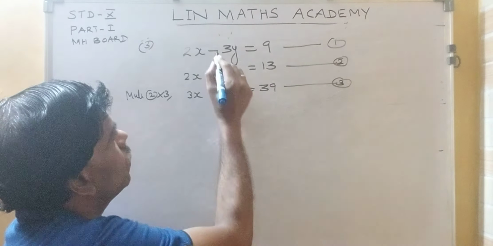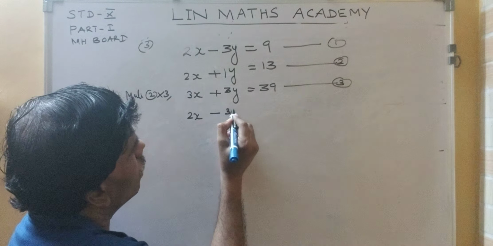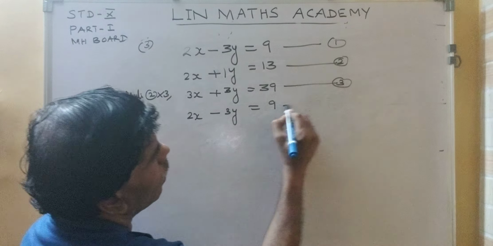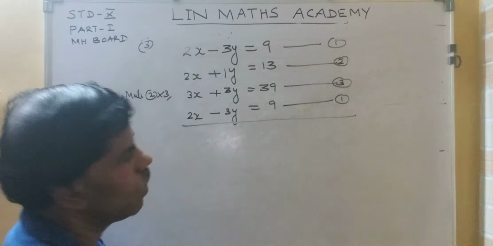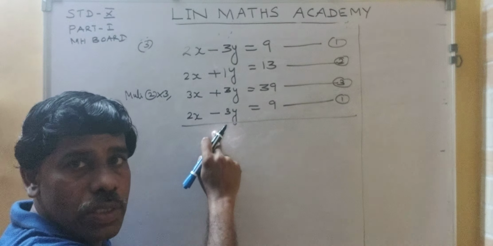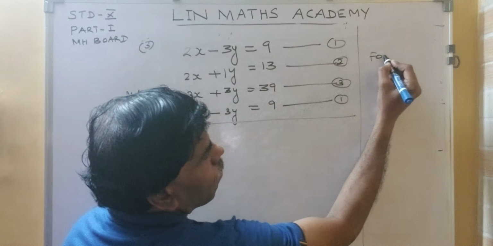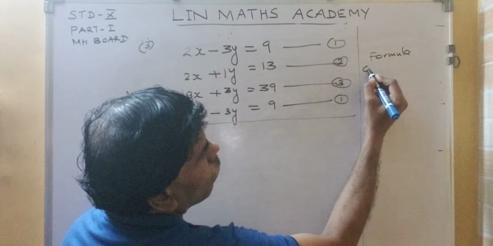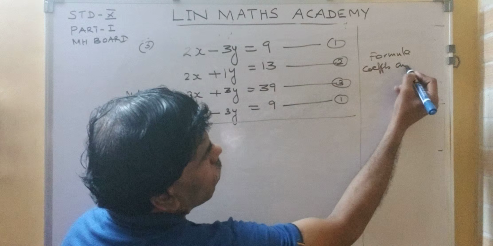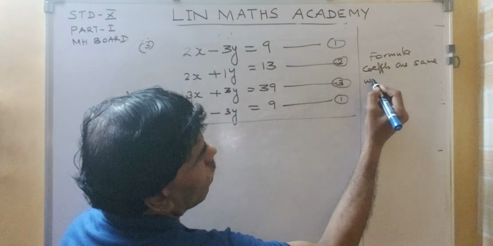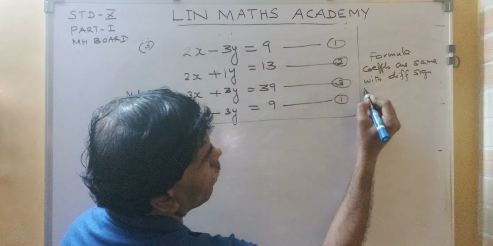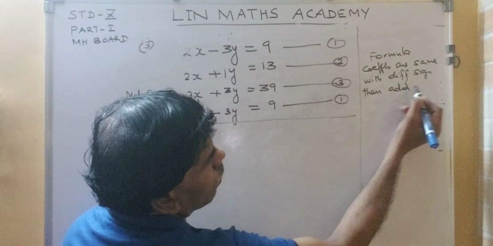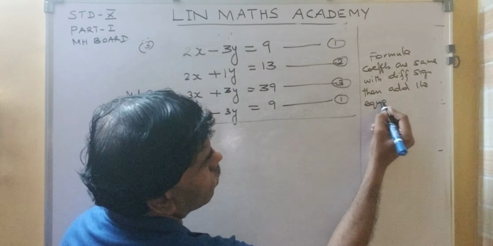Now the first one is 2x minus 3y is equal to 9. It is again equation number 1 only. Now look at this. Here coefficients are same but with a different sign. So formula: coefficients are same with a different sign, then add the equations.